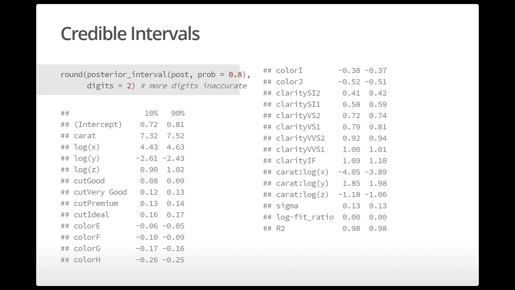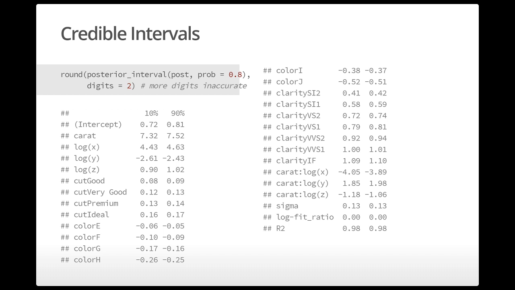But anyway, I tend to do 50% intervals and 80% intervals to be able to say something like, for ideal cut relative to whatever is worse than good, which I think is fair, there's no bad, even though fair is the worst category for cut, I would say there's an 80% chance that the expected change in the log price would be between 0.16 and 0.17.